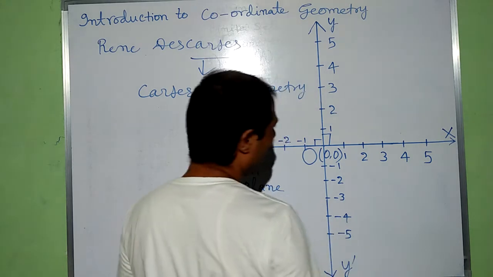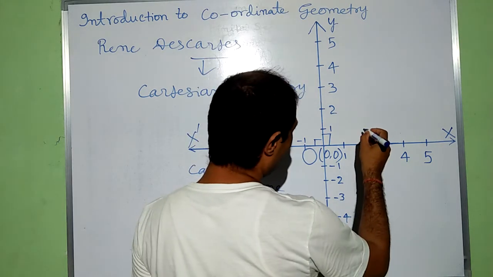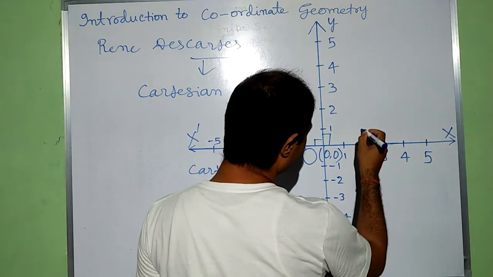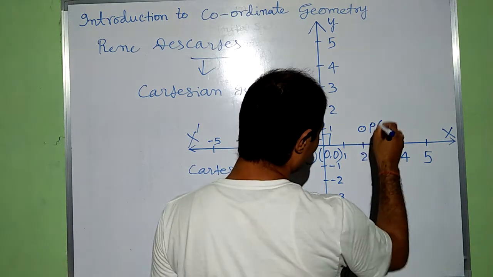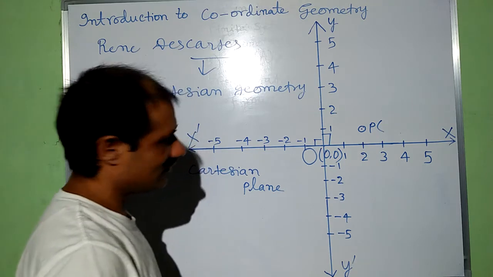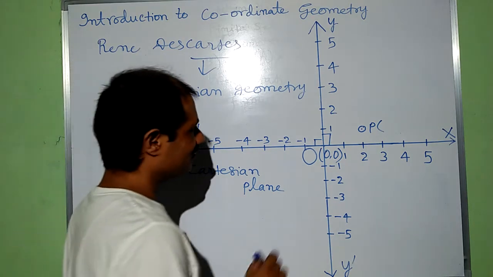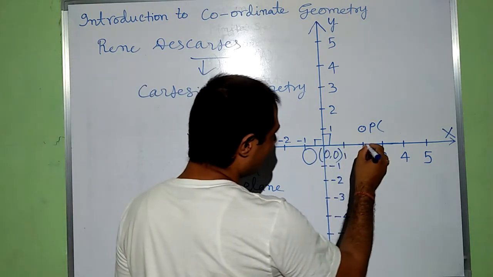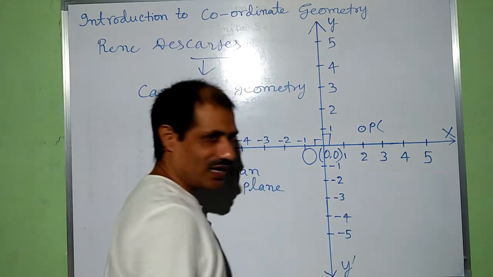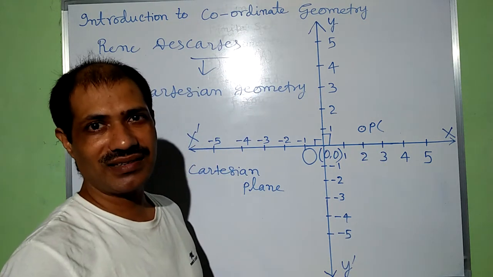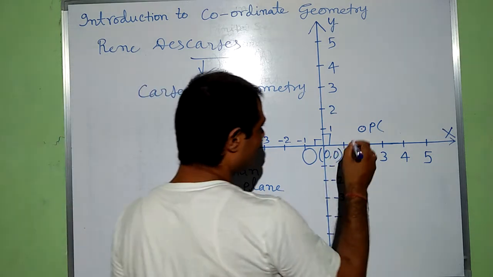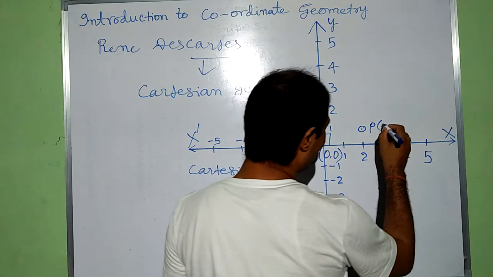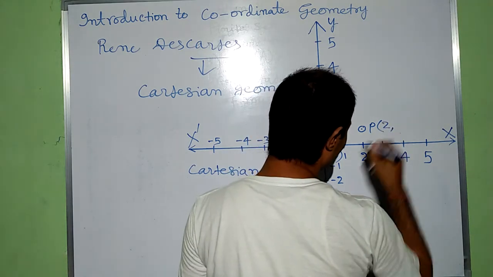Suppose P is a point like this whose x-coordinate is 2. The distance along the x-axis, or perpendicular distance from the y-axis, is called its x-coordinate, that is 2.